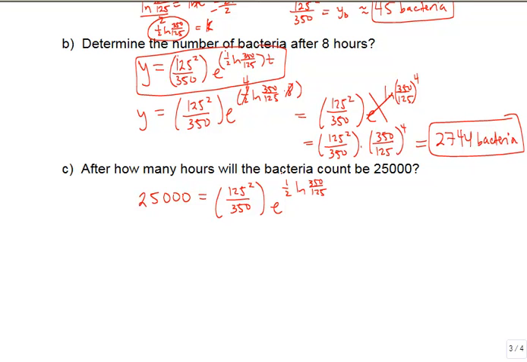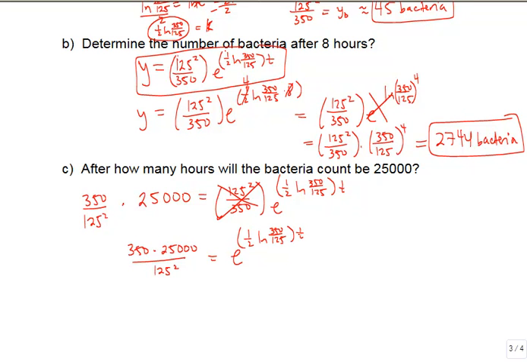Okay, so we get all of this, and just as before, to get up at that t, we got to isolate this e, which means we need to get rid of its coefficient. So I'm going to multiply this side by the reciprocal, 350 over 125 squared, which will make this go away. So we're going to get 350 times 25,000 over 125 squared equals e to the 1/2 ln of 350 over 125, all raised to the t.